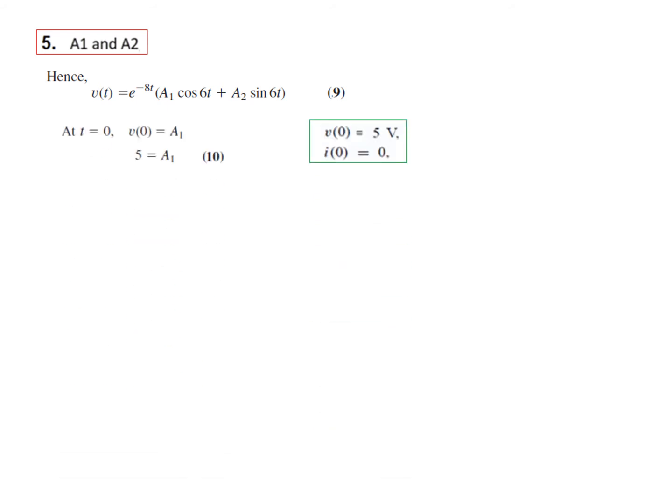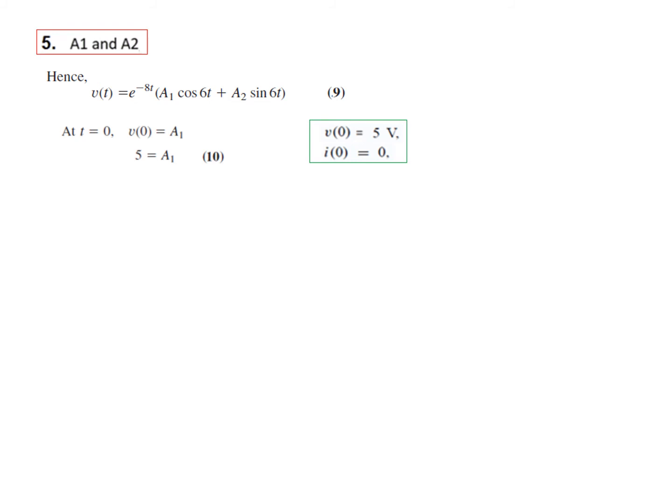So at t is equal to 0, this will become V0, and this term, if you see this at t0, cos 0 will become 1, sin 0 will become 0. So this term will become 0. So only left is A1. So A1 is equal to V0, and V0 from the initial condition is 5. Therefore, A1 is equal to 5.